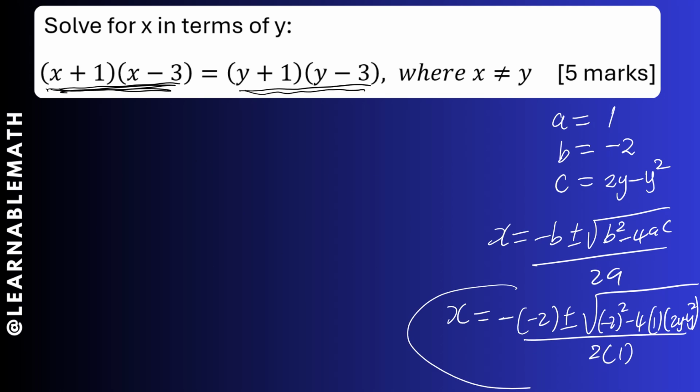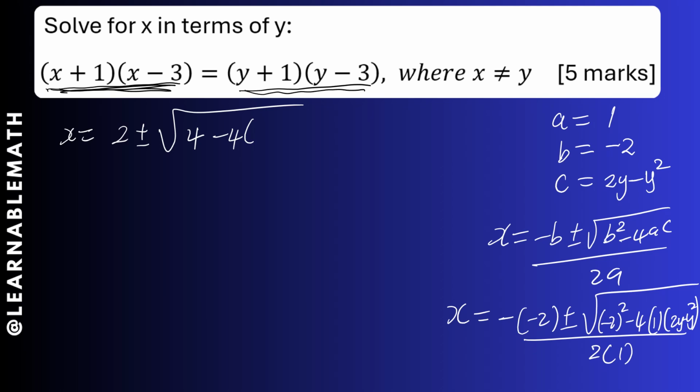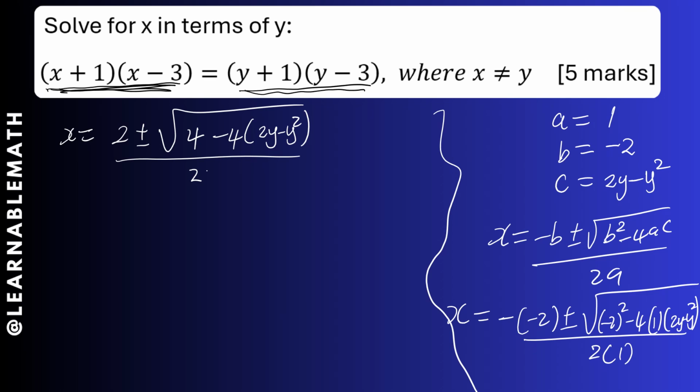When you simplify this, x equals positive 2 plus or minus the root of minus 2 squared, which is 4, minus 4 times 2y minus y squared. This is then divided by 2. To simplify this further, we can divide every term by 2. So x is 2 divided by 2 plus or minus a root of.